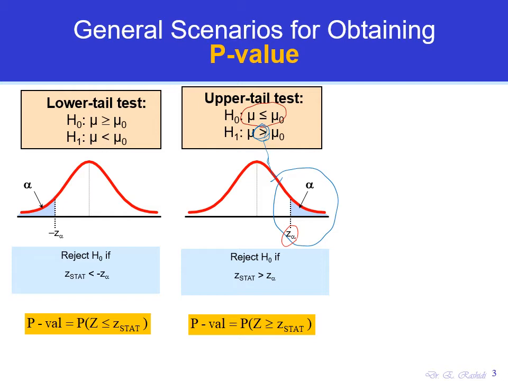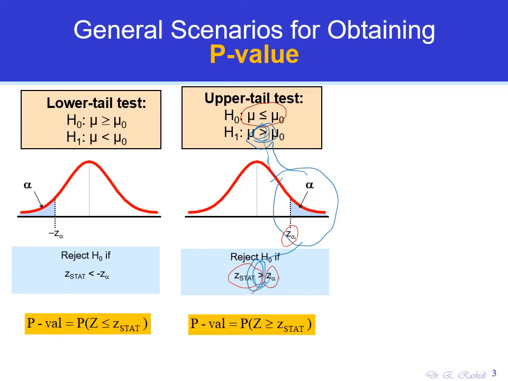Following the critical value approach in hypothesis testing, we would reject the null hypothesis if the test statistic value that we observe is greater than the critical value. This greater than sign comes from the upper tail, or right tail, which comes from the greater than sign in the alternative hypothesis.